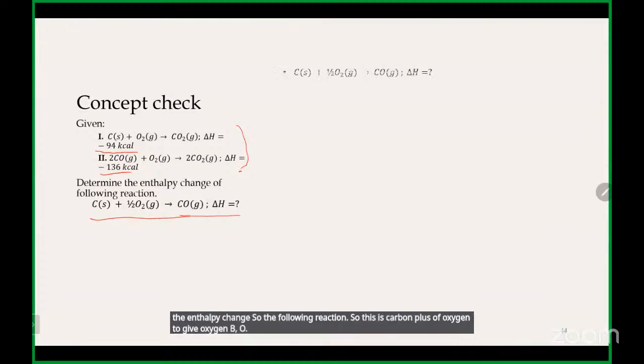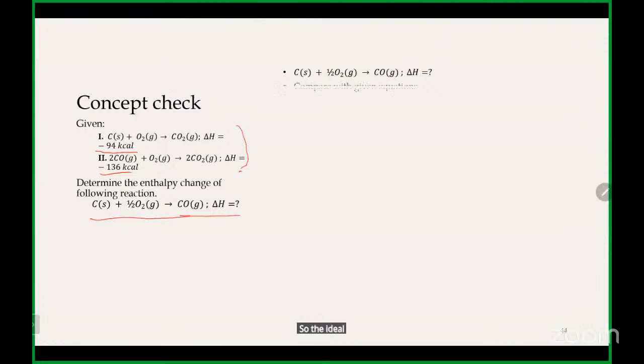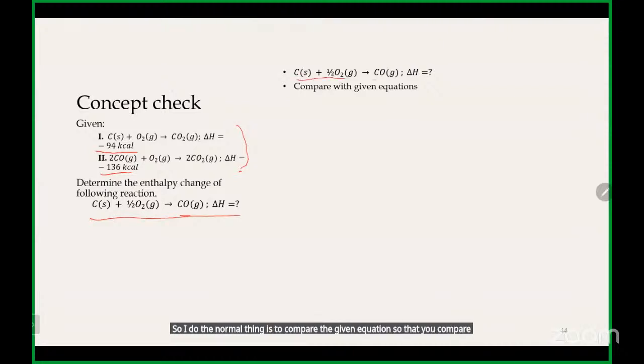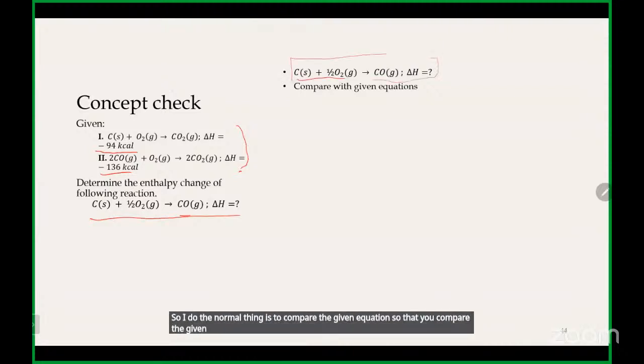So the normal thing is to compare the given equation for which you want to determine delta H to the available equations. That's the one that was given.